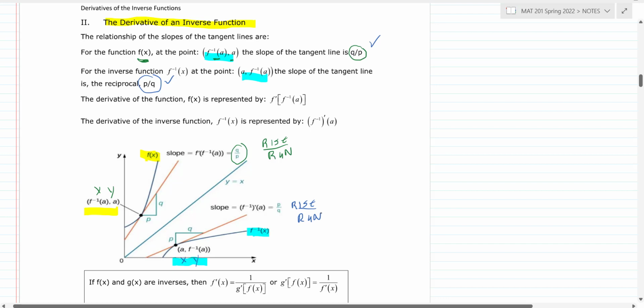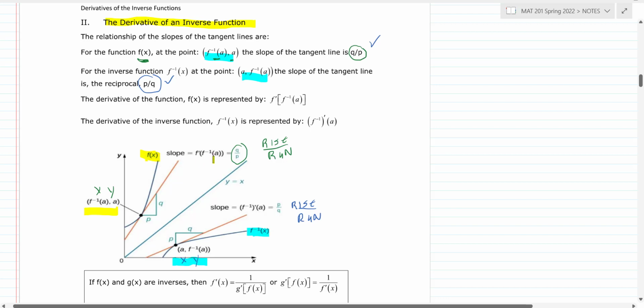So that diagram will show it pretty well, how you can see visually how the slopes are going to be reciprocals of each other at any point on that tangent line. It doesn't matter where the point is. If you're here, the slope is going to be the reciprocal of that. See, this is getting steeper. This is getting less steep. So that's pretty rational.